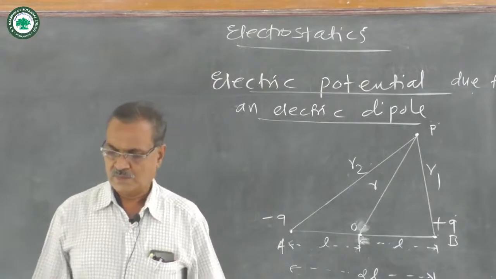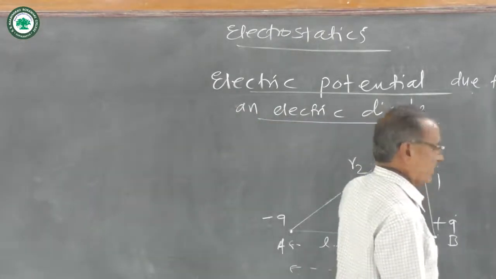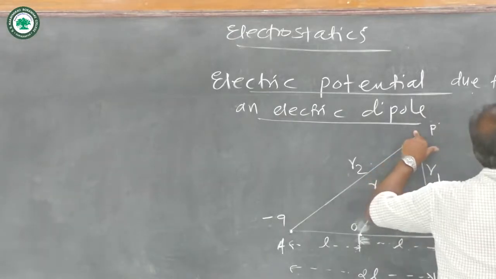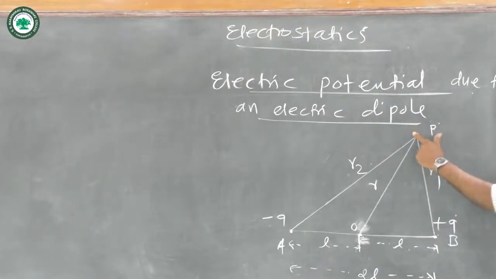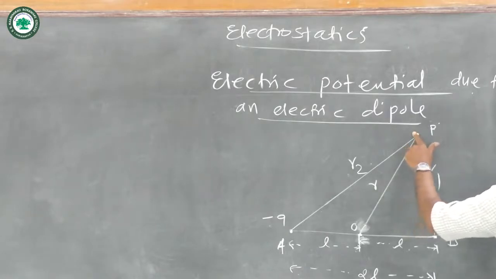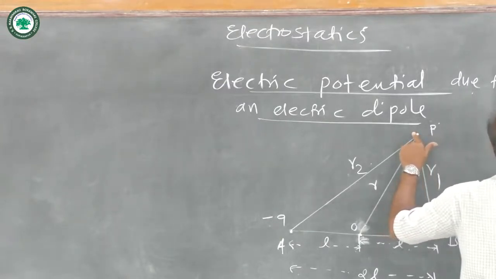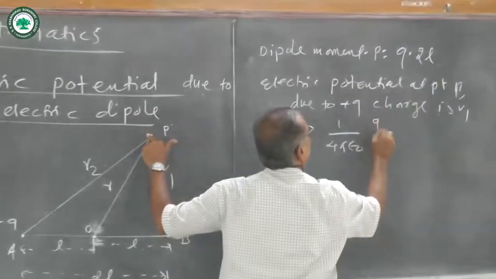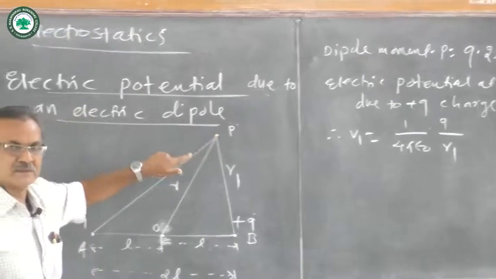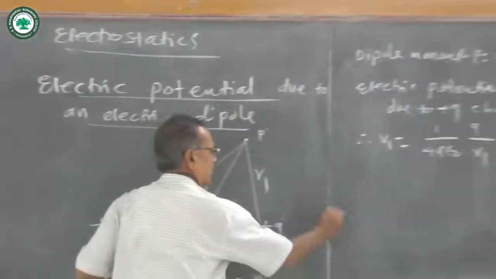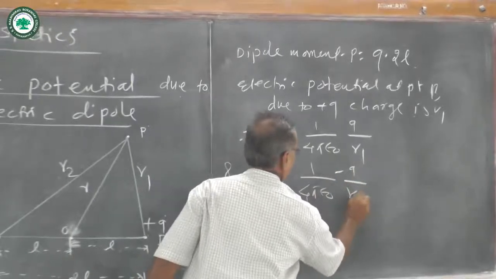Now the electric potential at point P due to the plus q charge is V1. So V1 is equal to 1 by 4 pi epsilon naught into q by R1. Similarly, the electric potential at point P due to the negative charge, that is V2, equals 1 by 4 pi epsilon naught into minus q by R2.